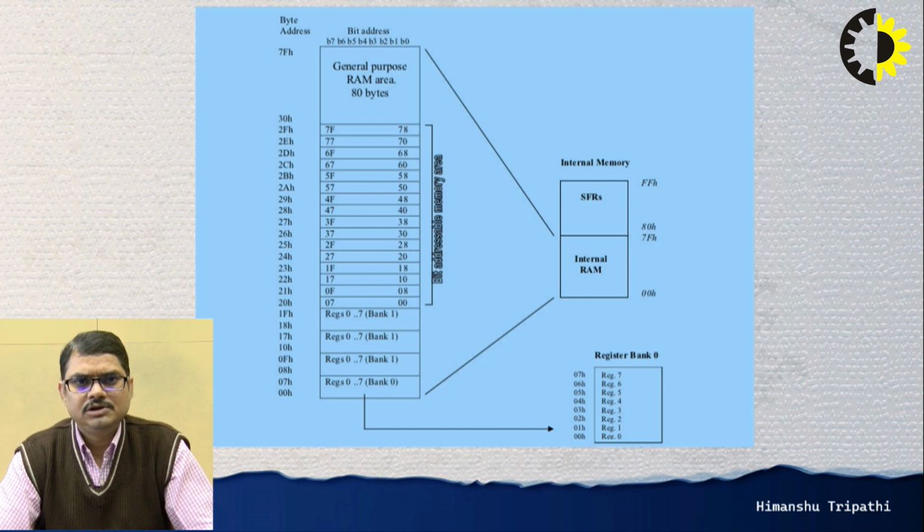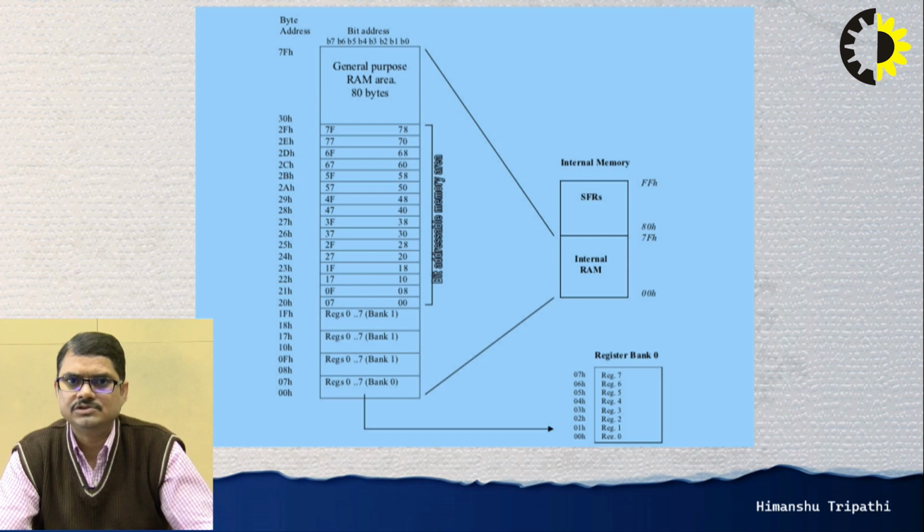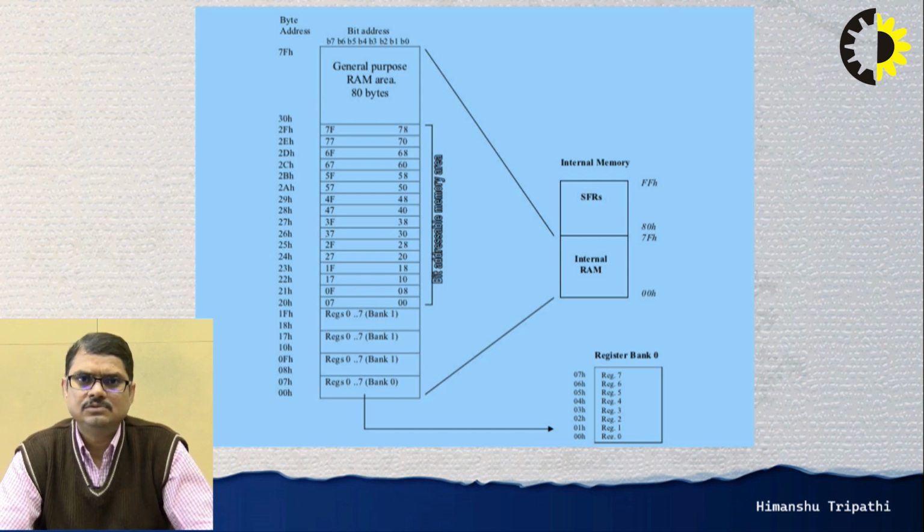Whenever we power up the 8051, register bank 0 is selected, because in the PSW every bit value is 0, and inside the PSW we have the provision to select the register bank.